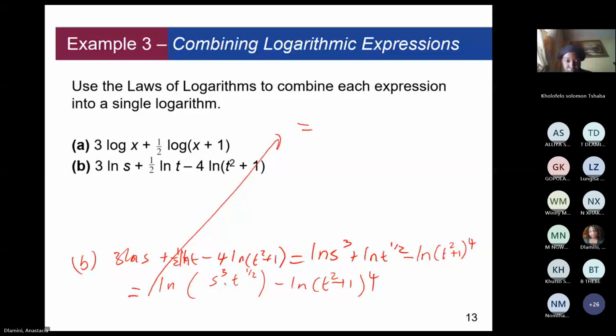So it's ln of s cubed times the square root of t, minus ln of t squared plus 1 all to the power of 4.